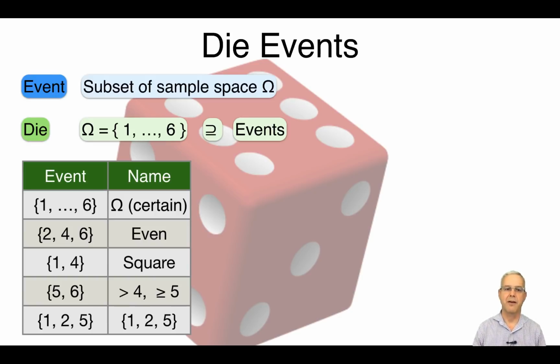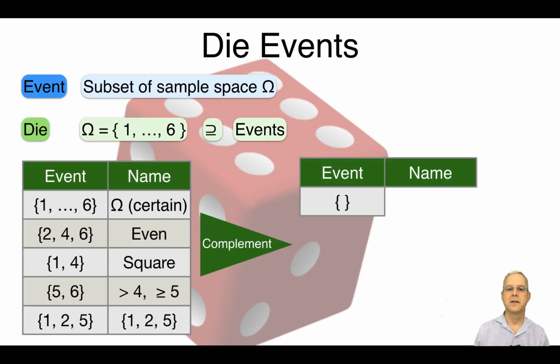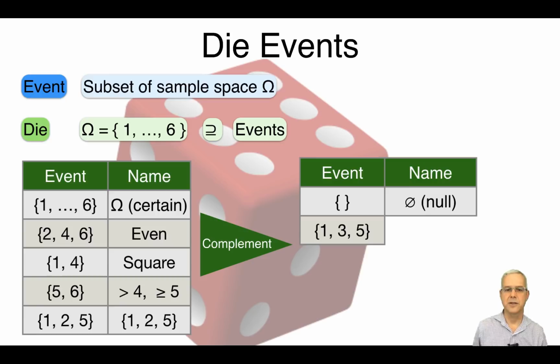And whenever you have an event, which is a set, you can look at complements of sets. So the complement of the certain event is the empty event, which we'll call the null event, and denote by the empty set. The complement of the even event is the event consisting of 1, 3, and 5, which we'll call the odd event.